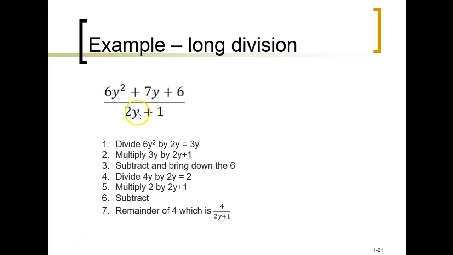When I said fill in any missing terms, if there was any power that was missing, like say this term was missing, it was just 6y squared plus 6, we'd be missing a y to the 1 term. We want to fill that in with a placeholder like a plus 0y. Make a 0 in there. 0y to the 1.